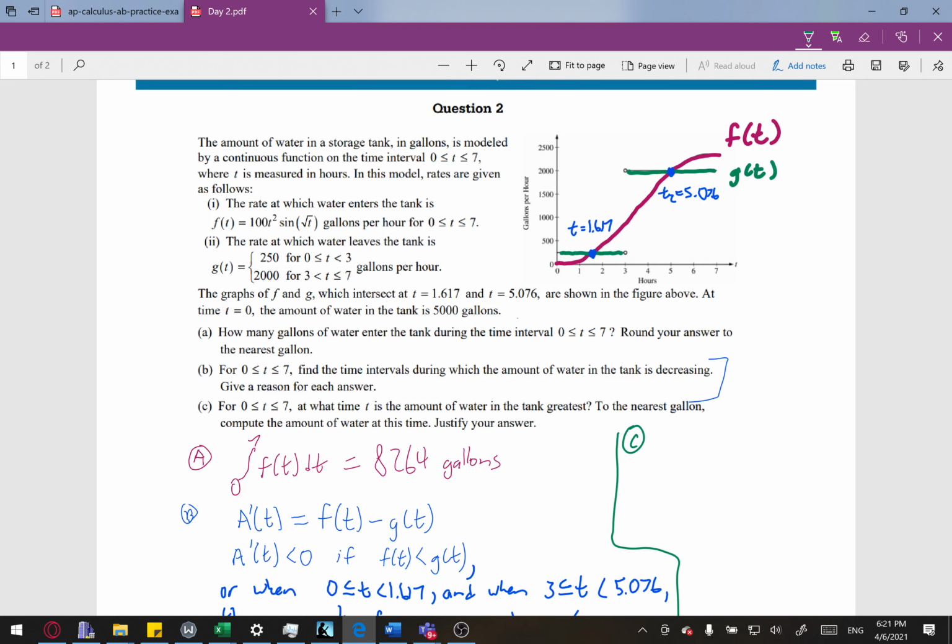Solve for t, and then test those points and our start point and end point to see when our amount of water was the largest, using this equation we've just created. Okay, so let's set that up. When would f of t minus g of t be 0?